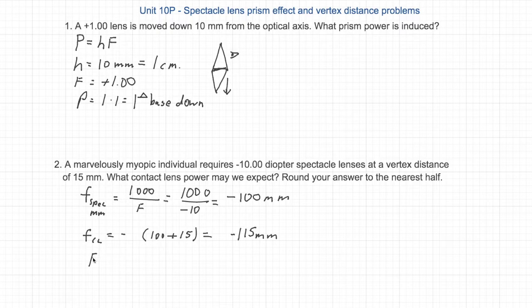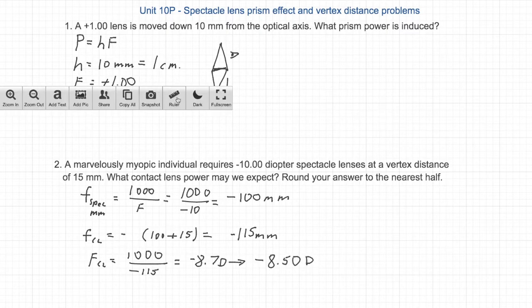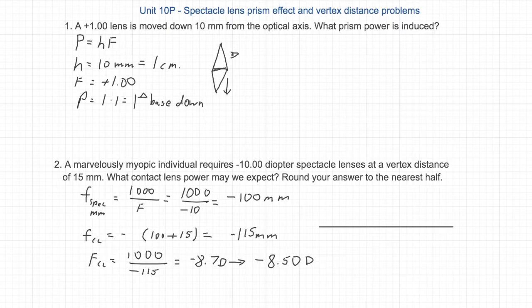Now we convert that to a negative number because the power of the contact lens will be negative, and we find that the power equals -8.7 diopters, so we'll round it to -8.50 diopters. If we draw it out, you'll see why we added those two numbers, 115. There's an eyeball, cornea to the left.